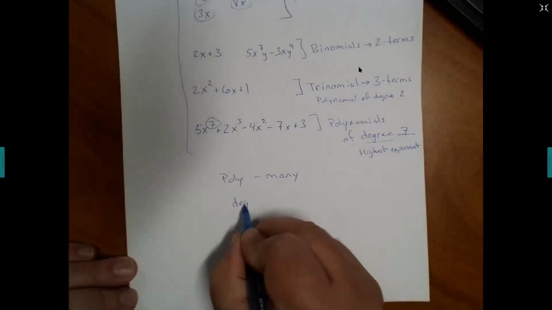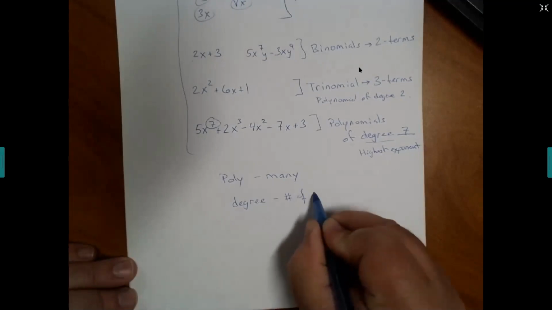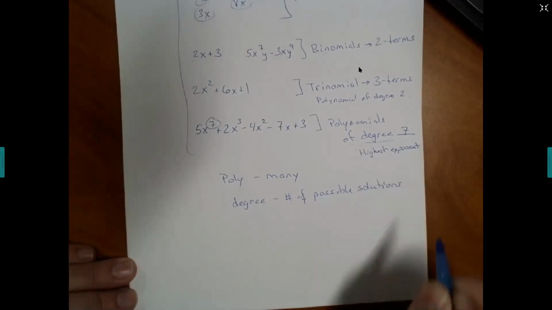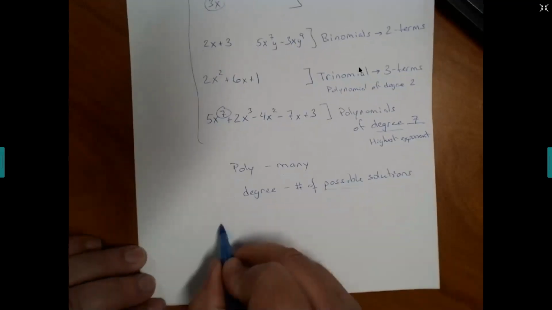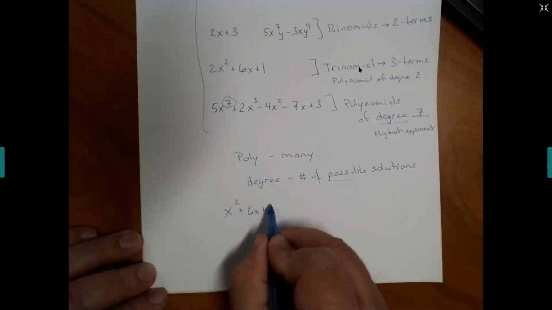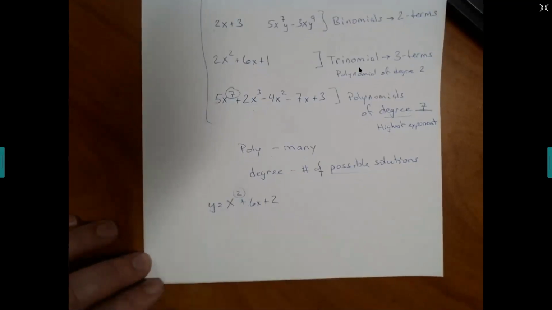The degree of a polynomial tells us the number of possible solutions. The reason I say number of possible solutions is because an equation like this can have at most two solutions.